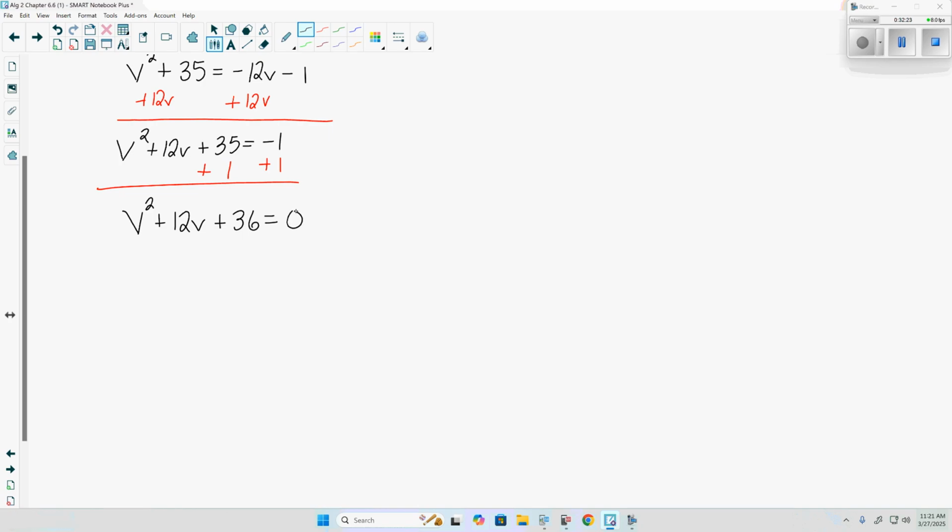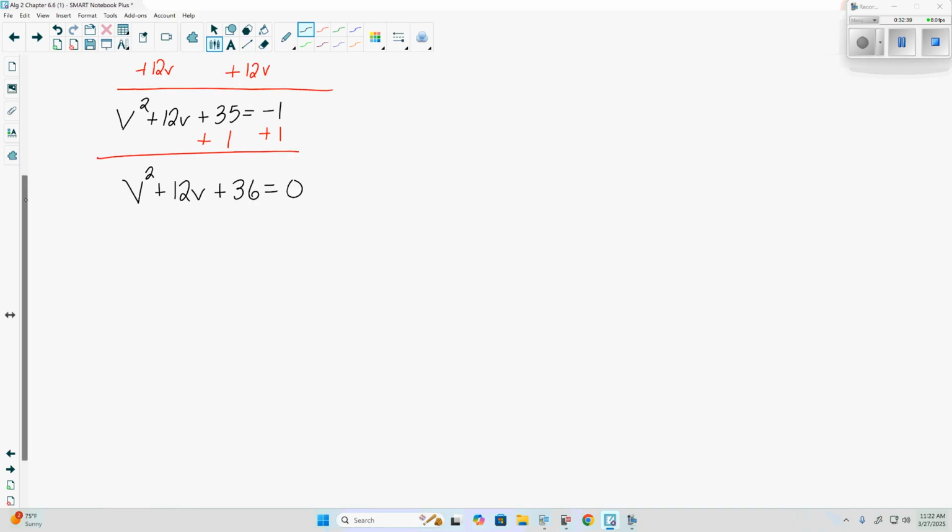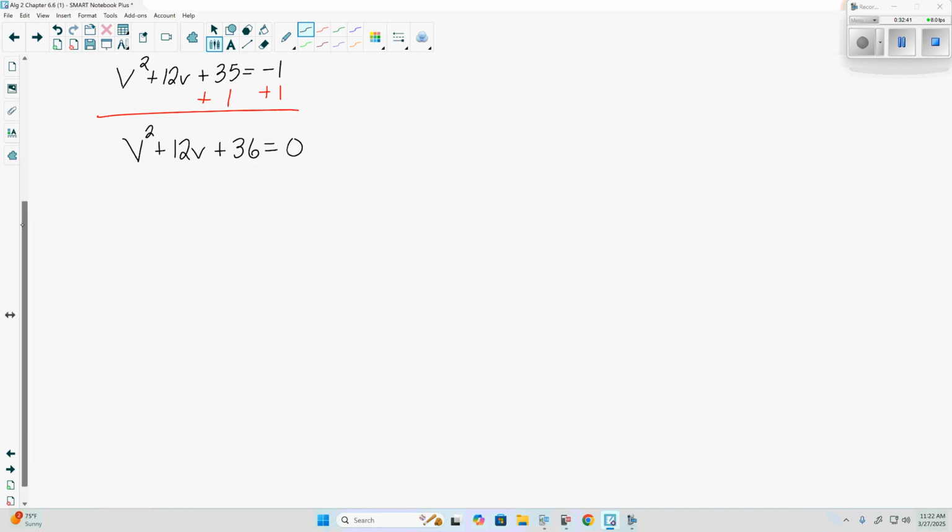Because once we get everything equal to 0, we now have a quadratic. And we can solve this in several ways. We can use quadratic formula, we can factor it, or graph it. Which one do you all want to use? We can factor this.